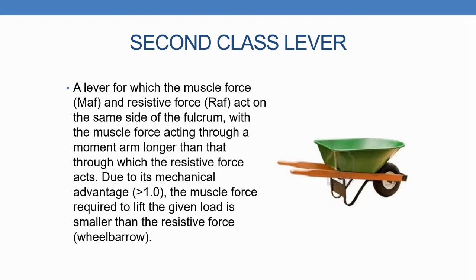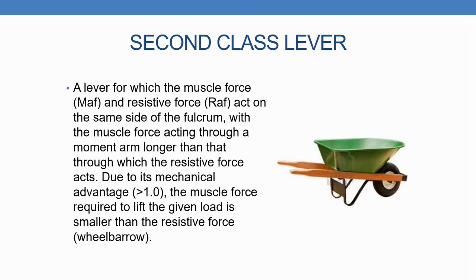There's a fulcrum, an applied force, and a resisted force. So let me give you a couple examples to make this clear, and then I'll tie this into the heel walk and toe walk maneuver. A second-class lever, for example, is a wheelbarrow.